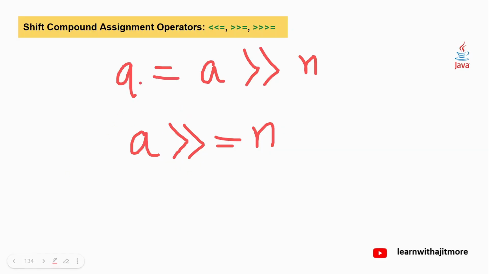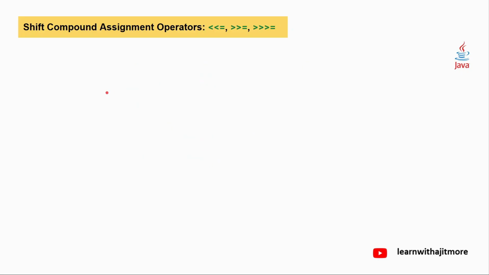I guess in the past we have discussed this for arithmetic operators, arithmetic compound assignment. Then I took bitwise compound assignment. In the same way, shift compound assignment. The speciality of this shorthand is that it will do implicit narrowing.